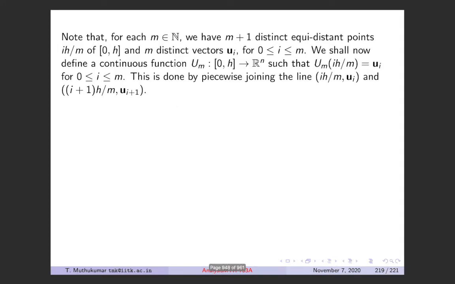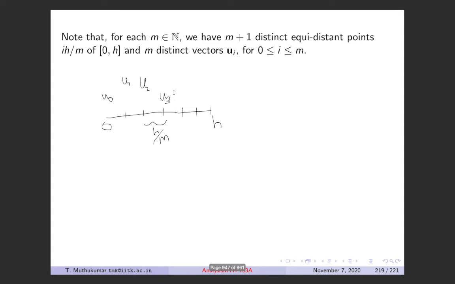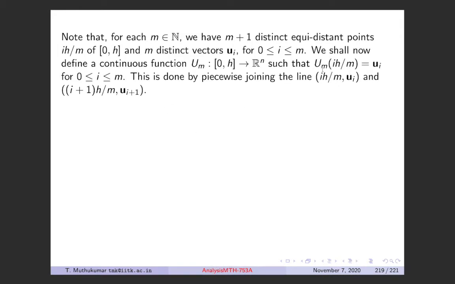So we have M distinct vectors. What we are going to do is define a continuous function such that U_M at the points is Ui. That's whatever I drew and showed you right here. So we are going to define a new function on the interval 0 to H such that at these endpoints it takes the value Ui.